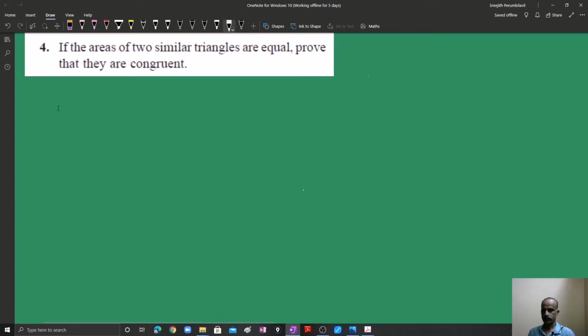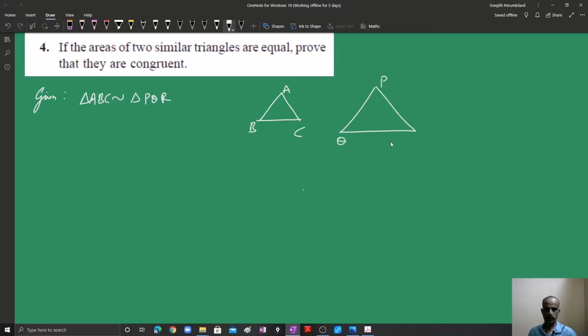There are two similar triangles. Triangle ABC is similar to triangle PQR. We'll say triangle ABC and triangle PQR are similar triangles.